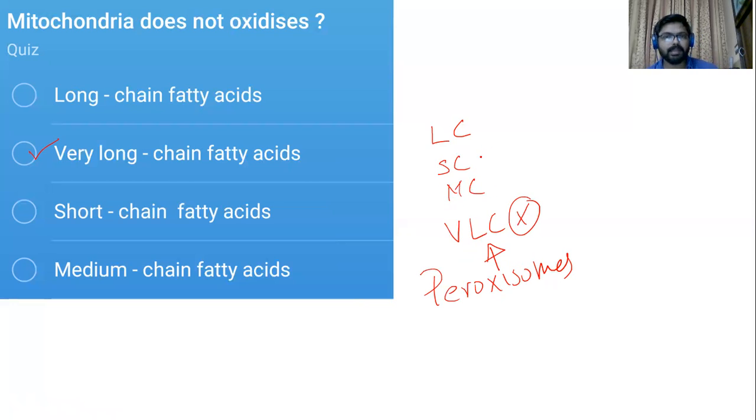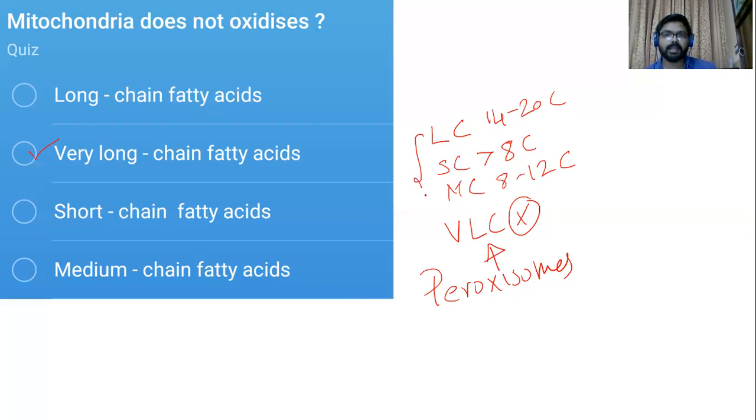Other fatty acid categories like short chain fatty acids include lesser than 8 carbon fatty acids, and 8 to 12 carbon fatty acids can be categorized under medium chain fatty acids. 14 to 20 carbon can be categorized under long chain fatty acids.